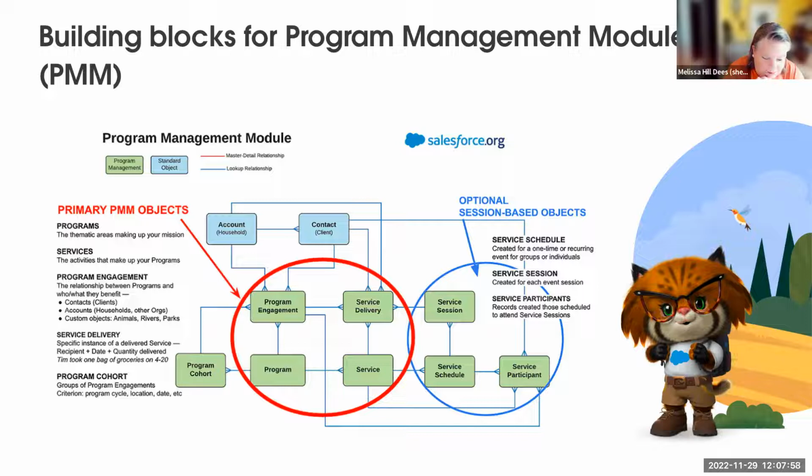They're designed to work in conjunction with standard Salesforce accounts and contacts, and of course, within the household account model of Nonprofit Success Pack. These objects help define the programs that the nonprofit provides, but they also track engagement with those programs. They correlate services and track who, what, when, where, and how many, which is where that impact actually comes from. So don't let this initial starting model overwhelm you. We're going to break it down by objects.